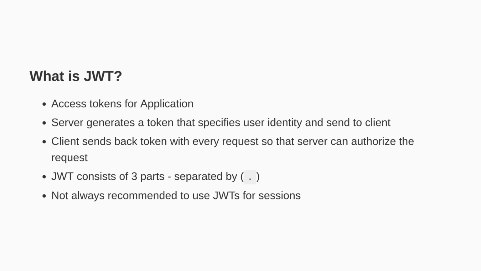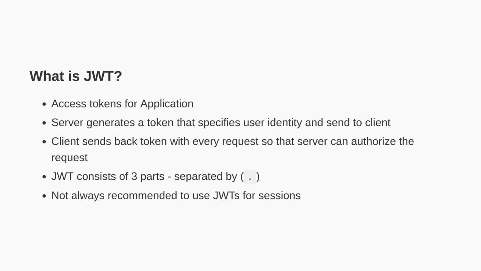A well-formed JWT consists of three parts that are concatenated base64 URL encoded strings separated by dots. The three parts are: the header, which contains metadata about the type of token and the cryptographic algorithms used to secure its content.